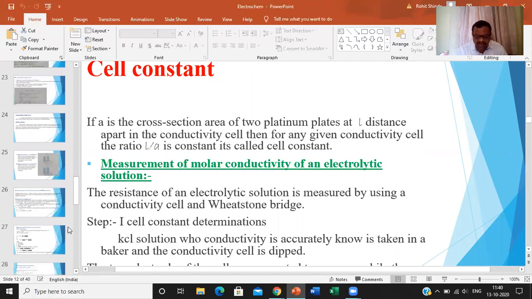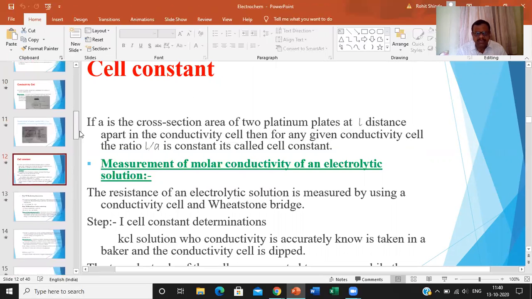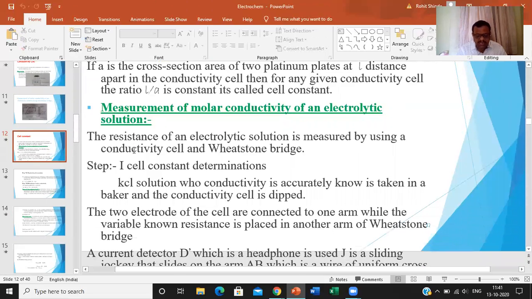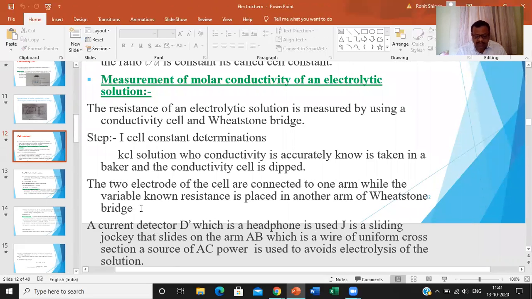For a given conductivity cell, the ratio of L upon A is called the cell constant. This cell constant plays a very important role in determining the conductivity of an unknown solution.